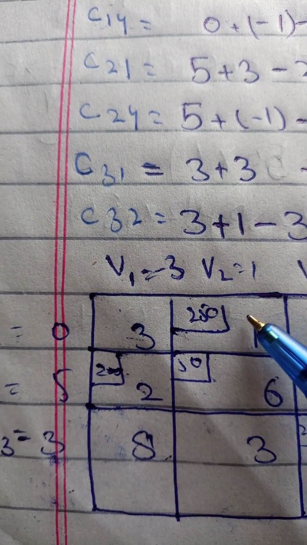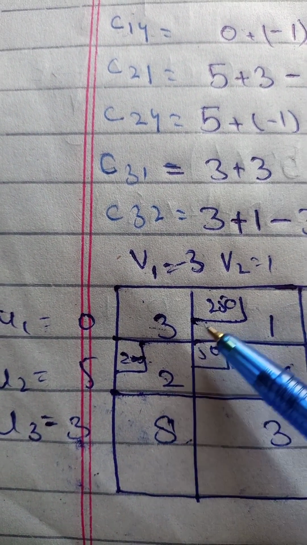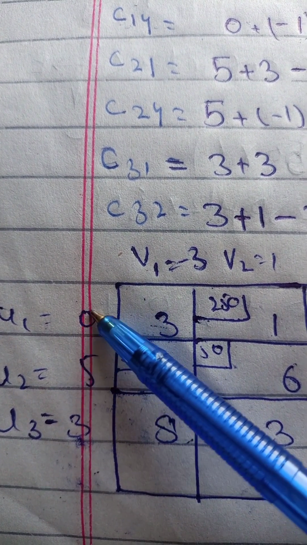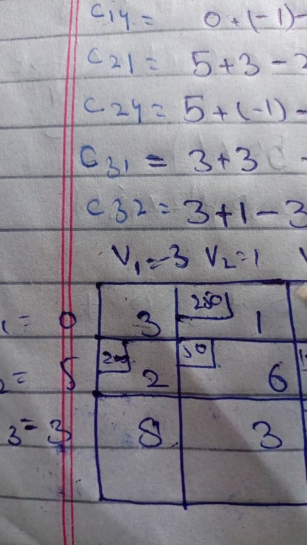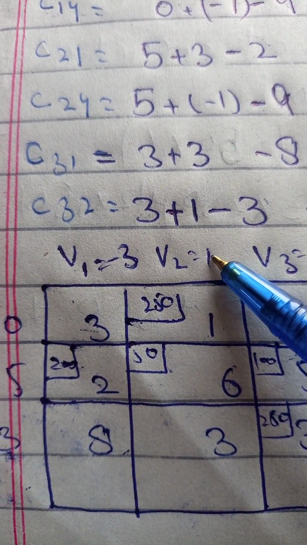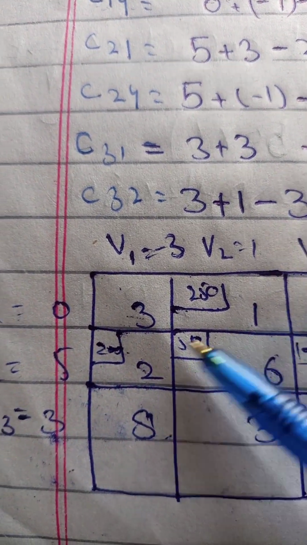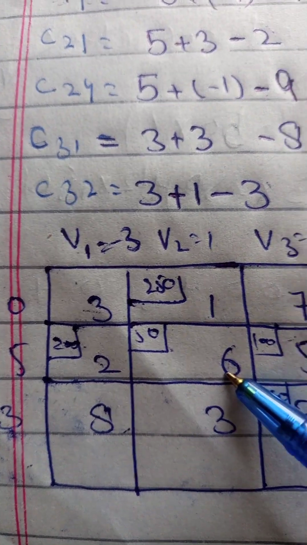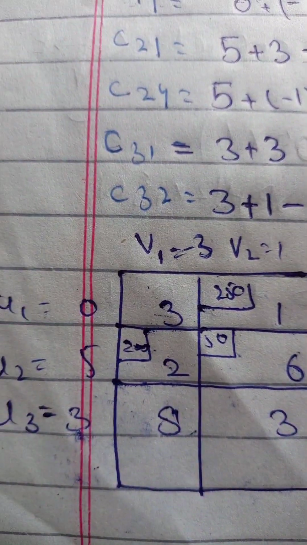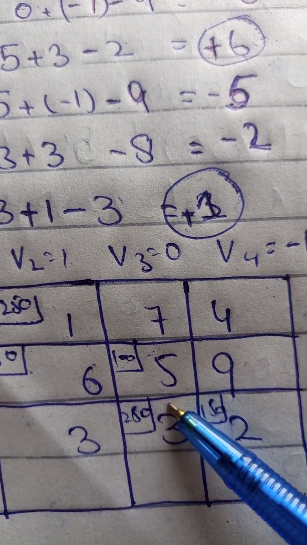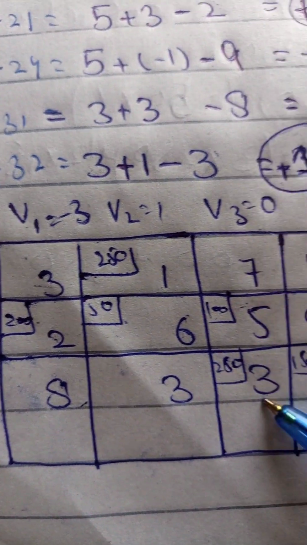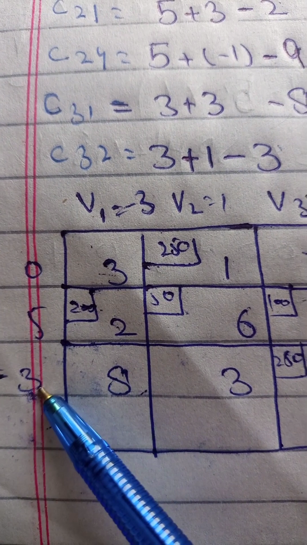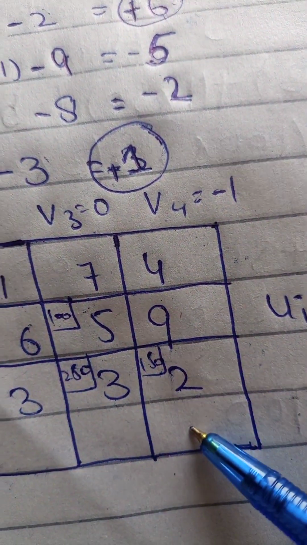The next allocated cell is 1. We have supposed 0. The first value we will suppose 0 to move further on. 0 plus 1 equals 1. 5 plus 1 equals 6. 5 plus 0 equals 5. 3 plus 0 equals 3. And 3 minus 1 equals 2.